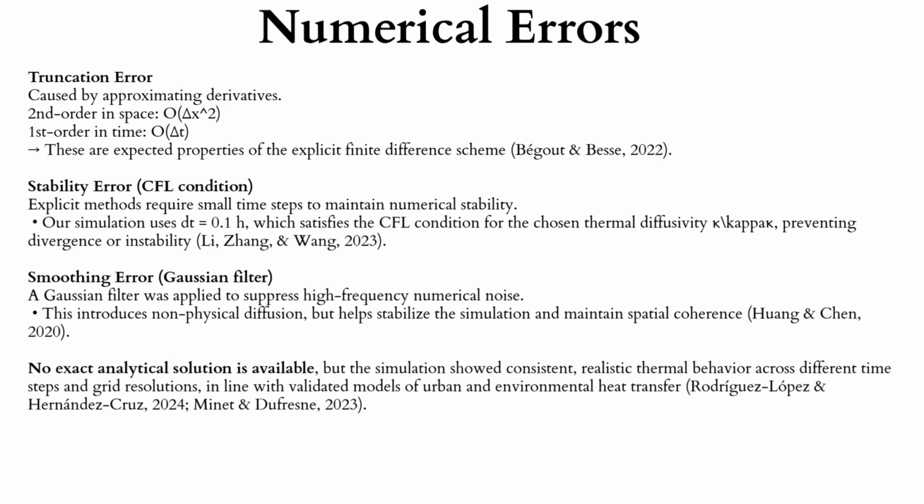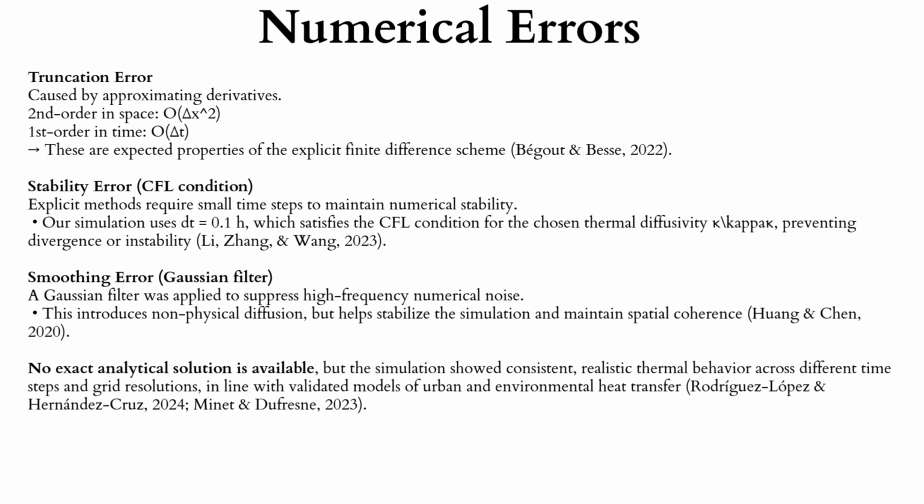And for time, we have a first order scheme with a truncation error of around delta t, meaning that when the time step is smaller, the error decreases proportionally. It is linear. And these are expected properties of the explicit time difference scheme, as set in Bijot and Vest 2022.